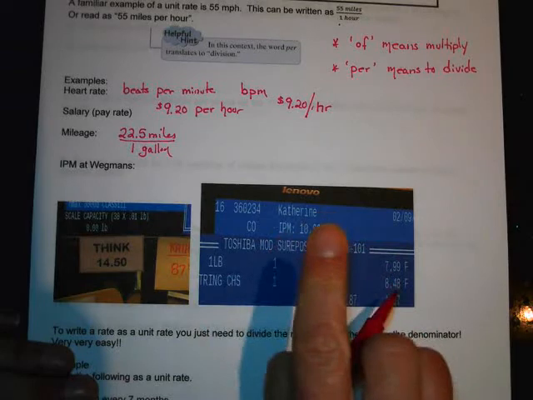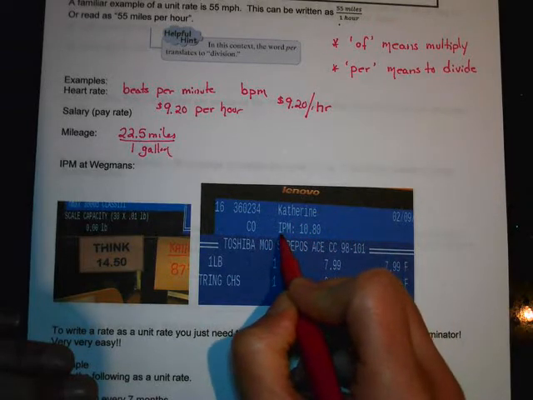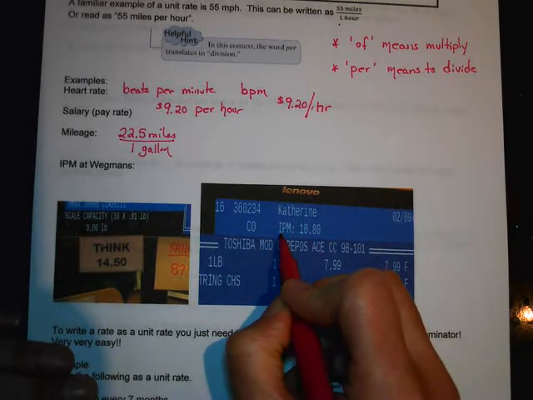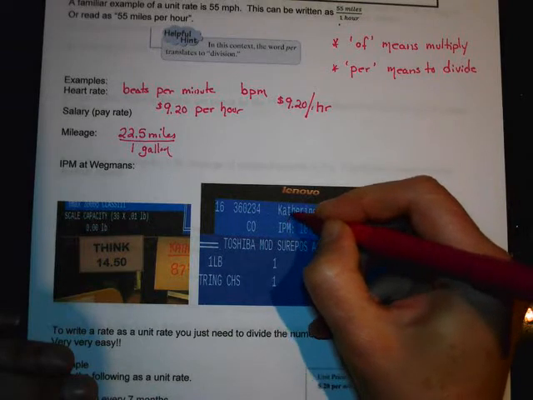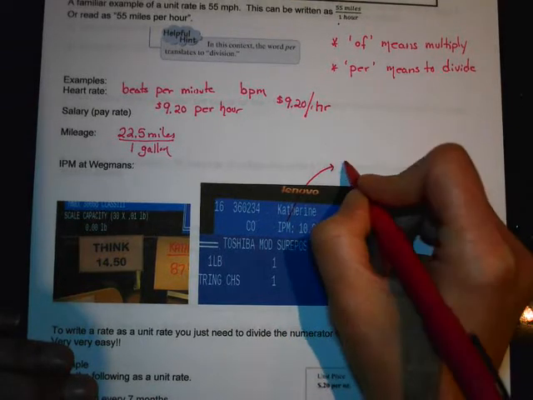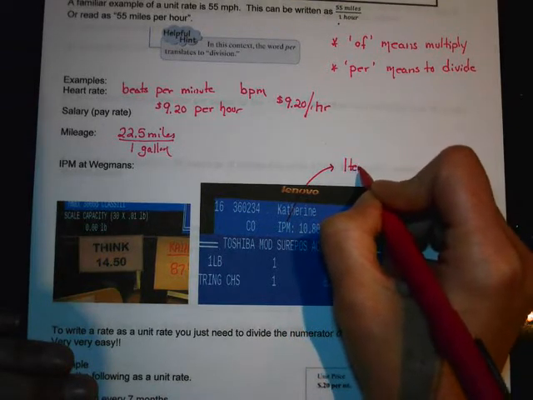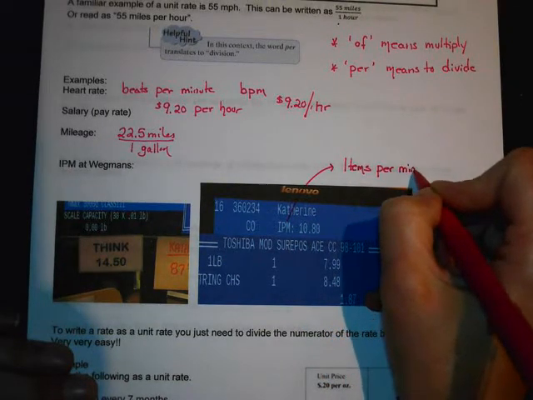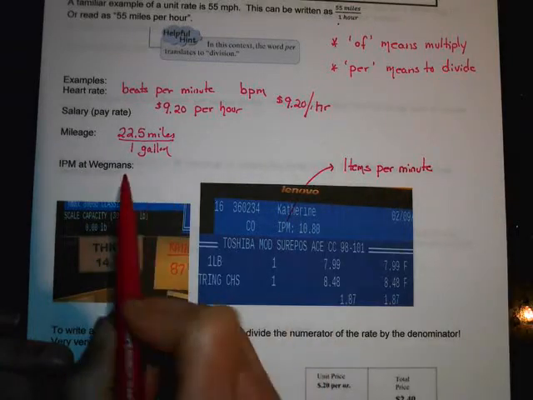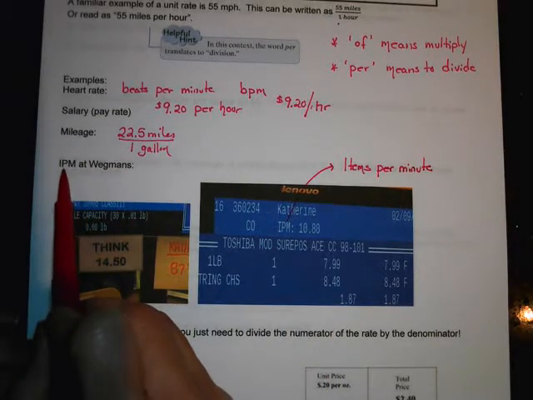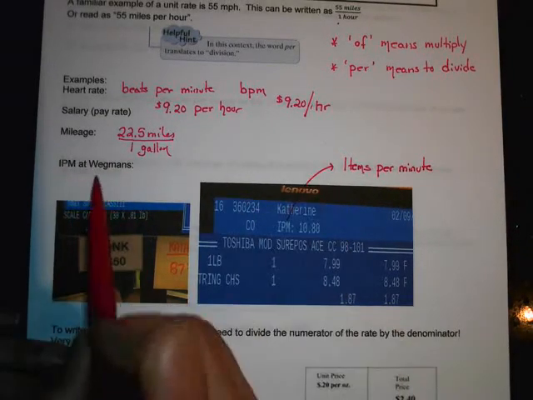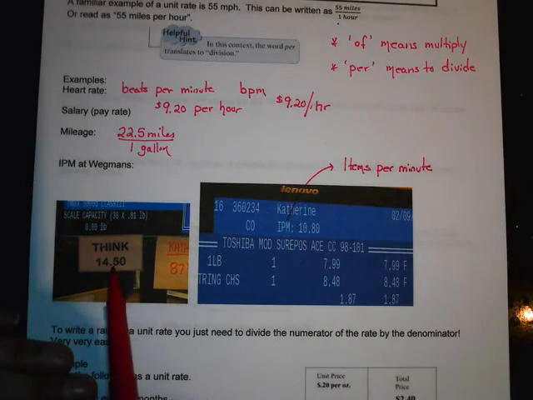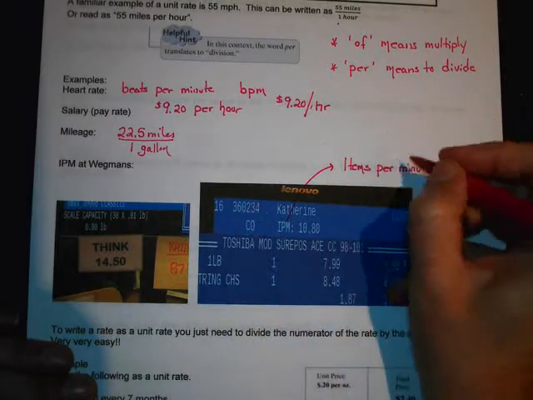Her IPM is her items per minute. So Wegmans wants everyone to be scanning 14.5 items per minute. That's a unit rate per 1 minute. There's a 1 there that's understood.